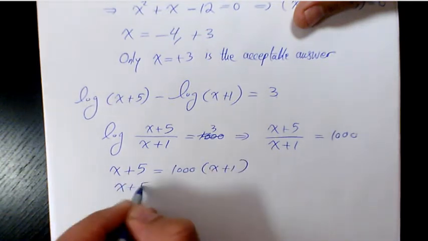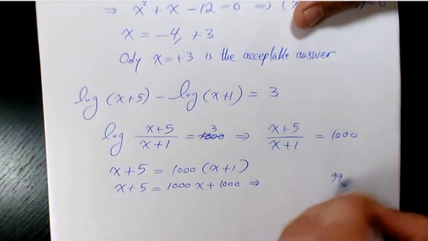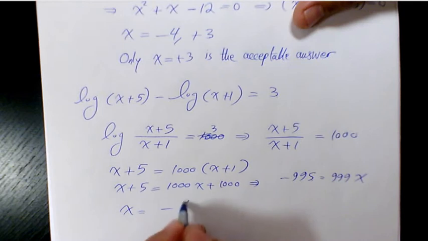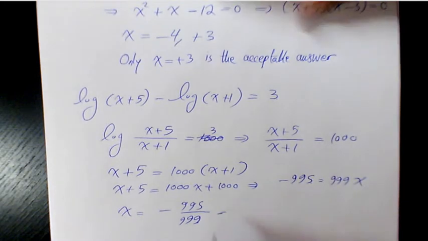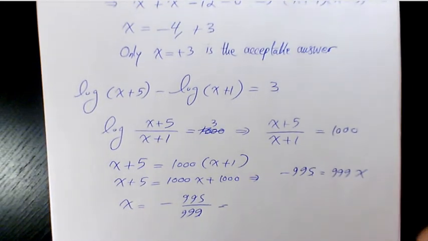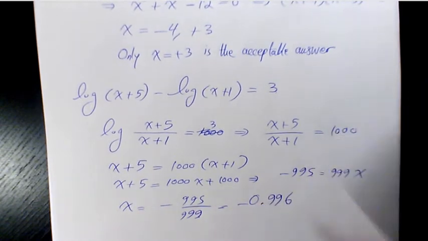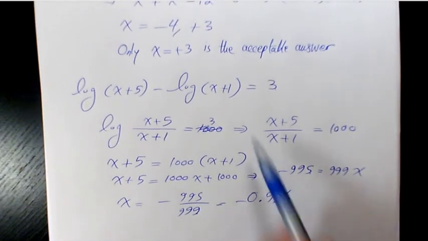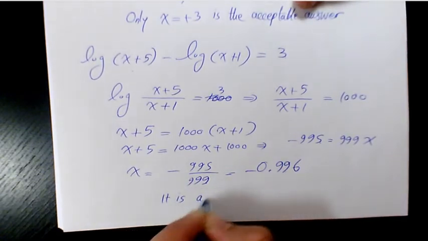So we have x plus 5 equals 1000x plus 1000. So 999x equals negative 995. So x will be negative 995 over 999, which will be negative 0.996. Is this acceptable? Yes, it is, because when you sub it here or here, it's going to be positive. It is acceptable.